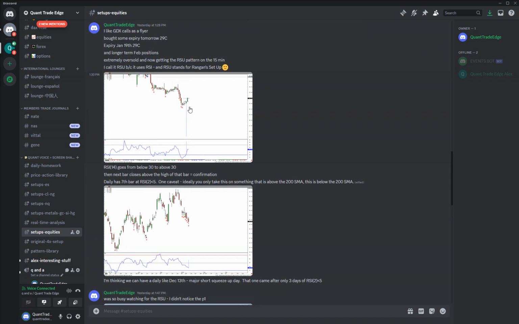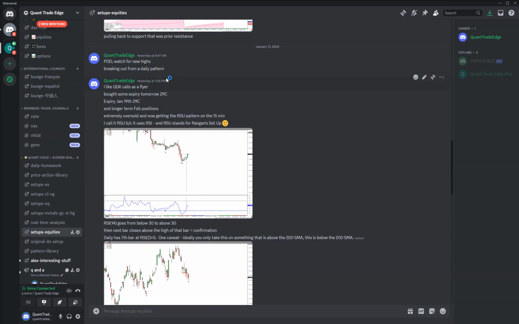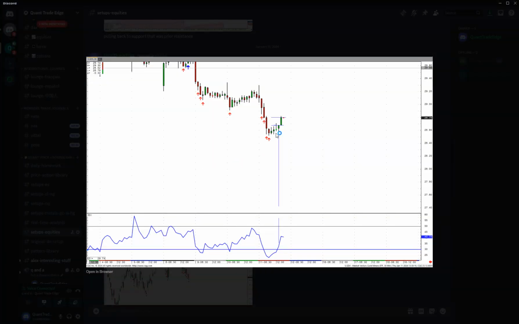So yesterday at 1:28 p.m., I like the GDX calls as a flyer. Bought some expiry tomorrow 29, also expiry January 19th 29, and long-term Feb options. Extremely oversold, and now getting the RSU pattern on the 15. So, okay, this is the chart I remember from yesterday. I don't know why it's not lining up the same way today, but it got confirmation the immediate next bar.